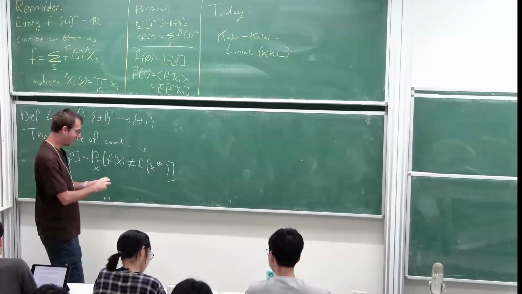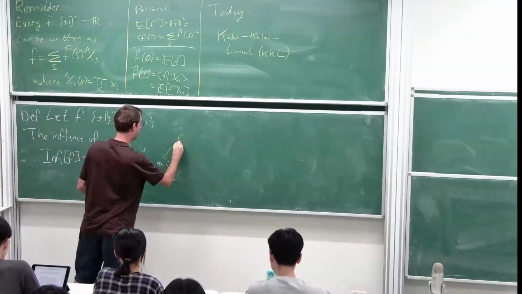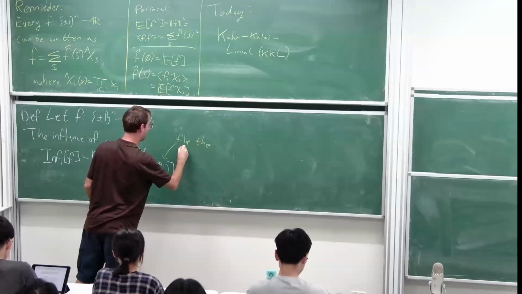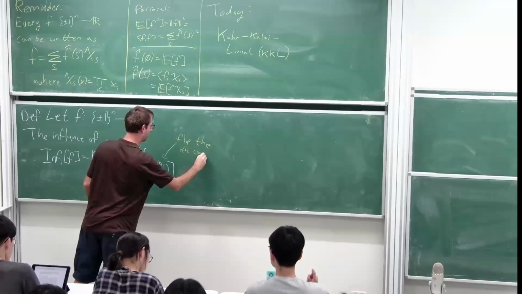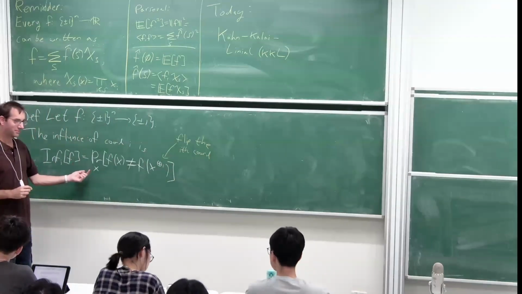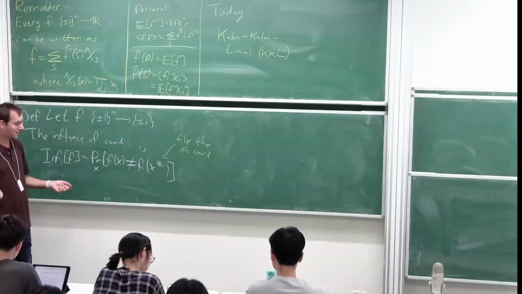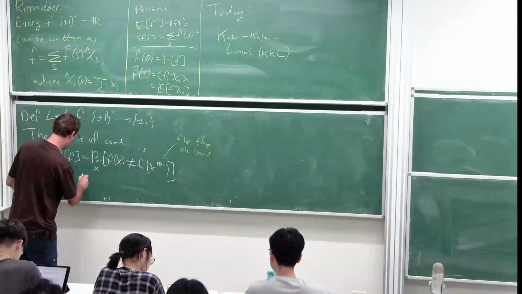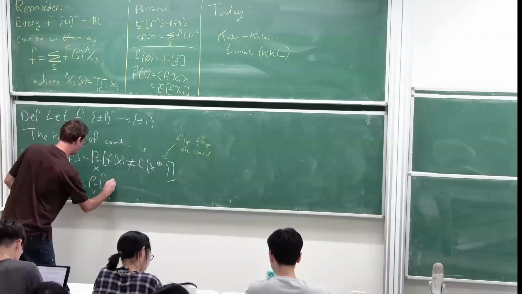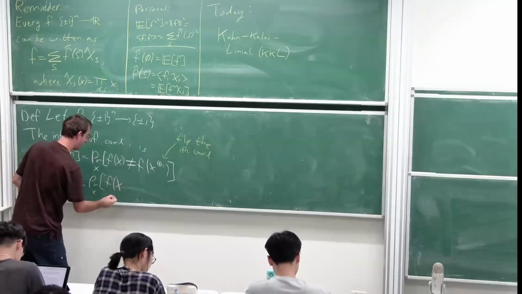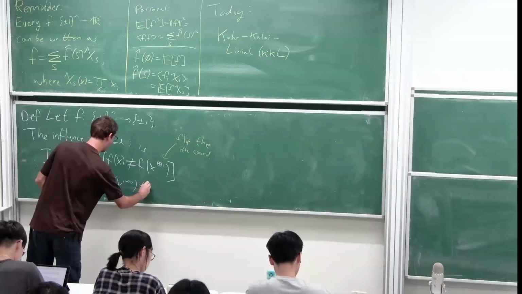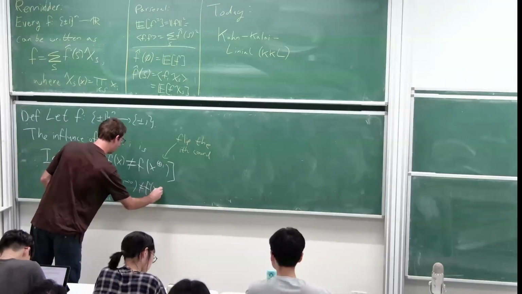So we flip the ith coordinate. I choose the rest of the votes randomly. Another way of stating it is that this is also the probability that f of x, where I set the ith coordinate to 0, is different from f of x where I set the ith coordinate to 1.